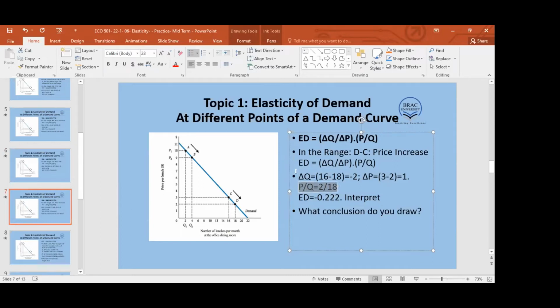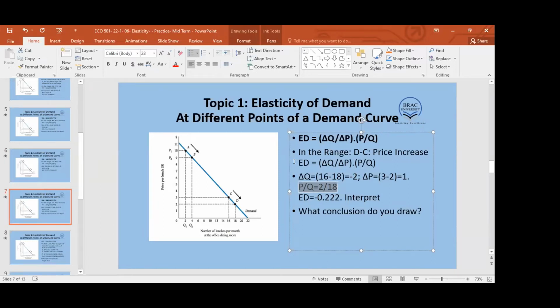So what does this mean? If we increase the price by 1 taka, demand will fall, but demand will fall by 22 paisa. So won't our revenue go up? Price going up means our revenue is rising. How much has demand fallen? It fell by less than the price, didn't it? 22 paisa. So what will happen to the total revenue? Won't revenue increase compared to before?